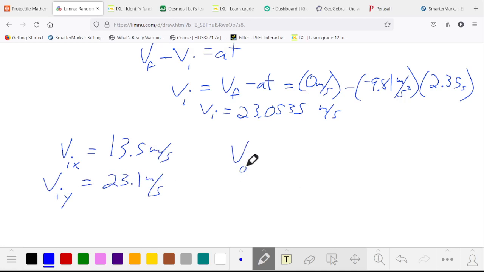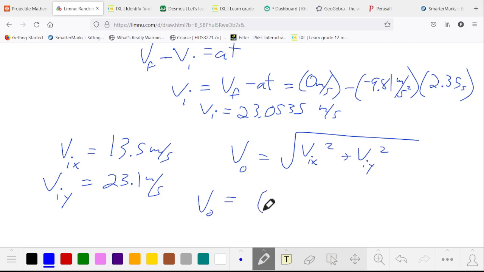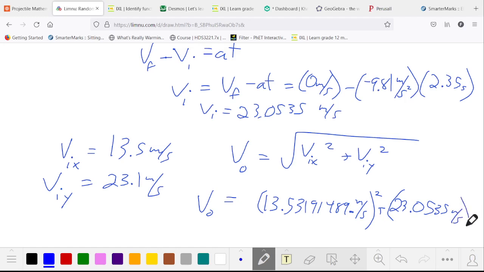So our V naught, as they put it here, is the square root of Vix squared plus Viy squared. We always use the unrounded values from our calculator, so 13.5319149 and 23.0535 meters per second.